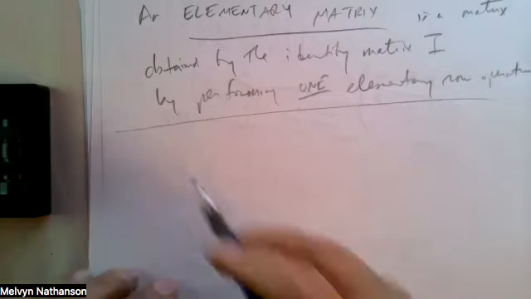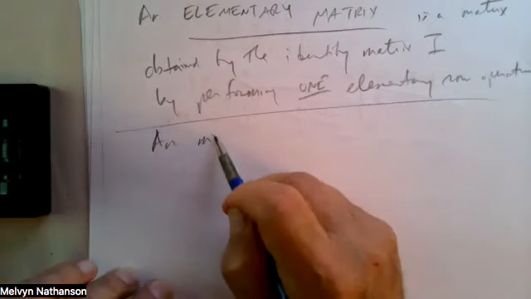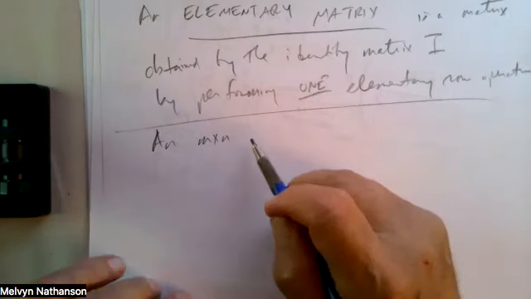Now, an m by n matrix doesn't have to be a square matrix.